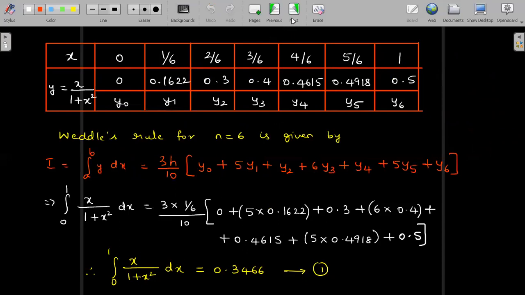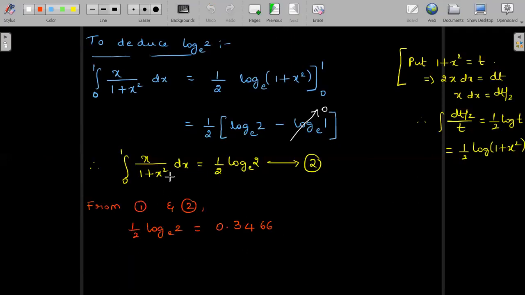LHS was the integral value, here also LHS is the integral value, so we are equating the RHS. So cross multiplying, we get the approximate value of log 2 to the base e by Weddel's rule, which is approximately 0.6932. Hence the solution for the third problem.